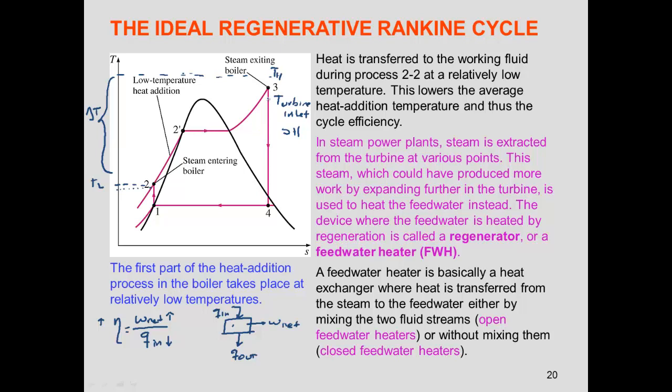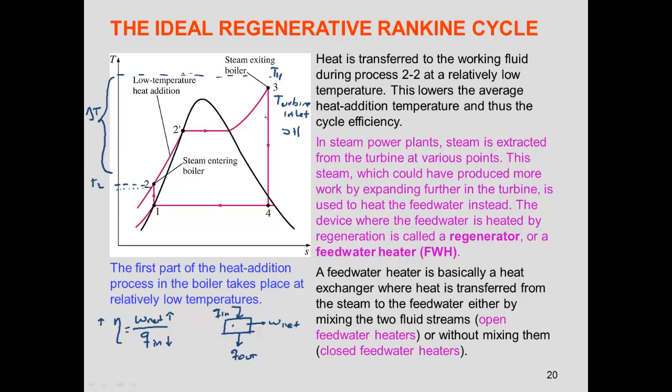What if we take that highly energetic vapor at high temperature and use it to preheat part of this water? It would only help us if that loss of work that we are getting, because we have mass flow rate producing work, and if we extract some part of that mass to reheat, we're going to produce less work.